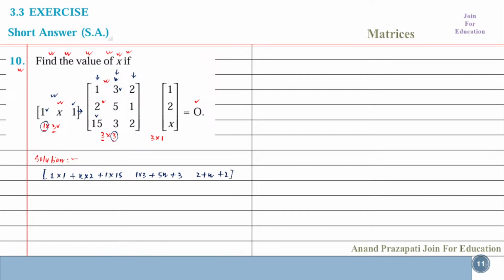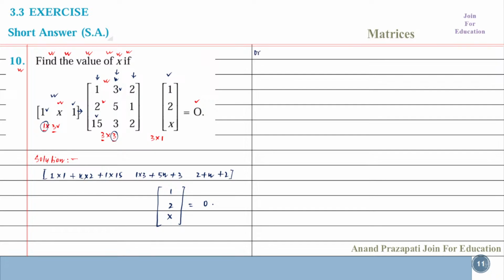And we write down this one: 1, 2, x equal to 0. There is no problem to understand up to this step.